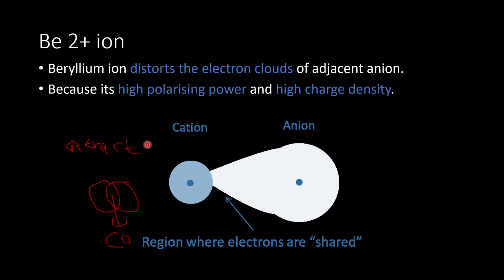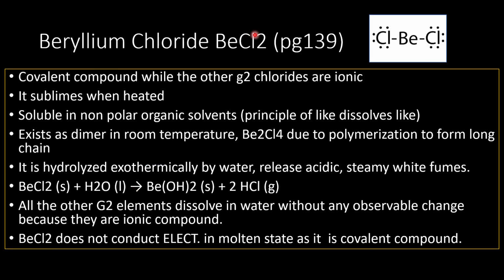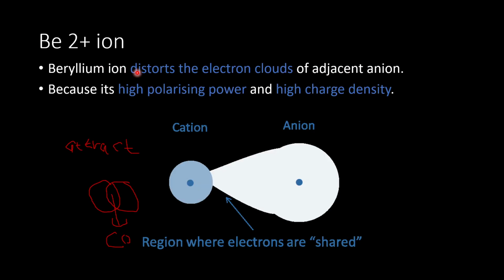The other group 2 elements are ionic because they do not distort the electron clouds of the anion easily, as they have less polarizing power and less charge density. As we all know, going down the group, the charge density decreases.